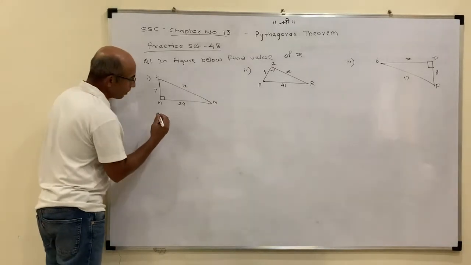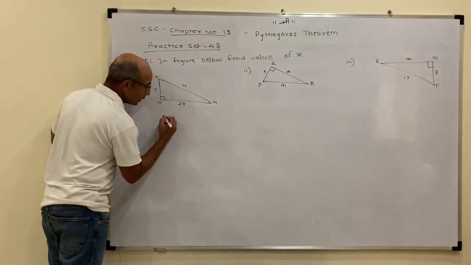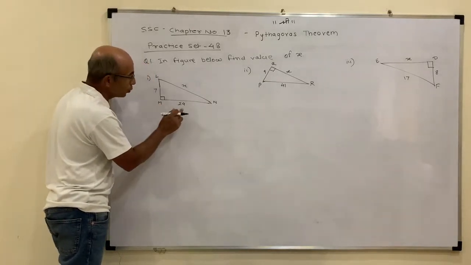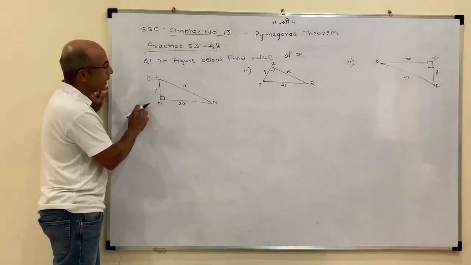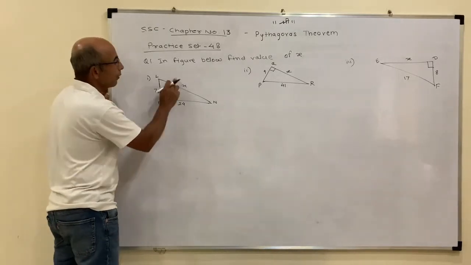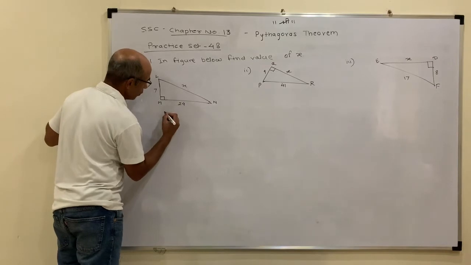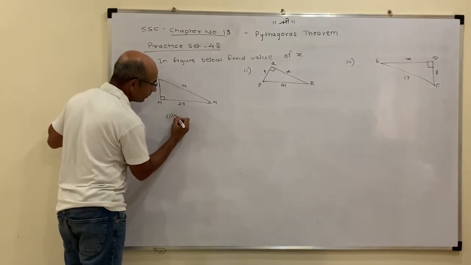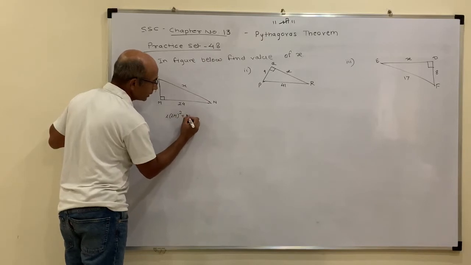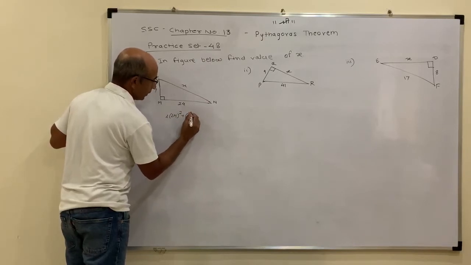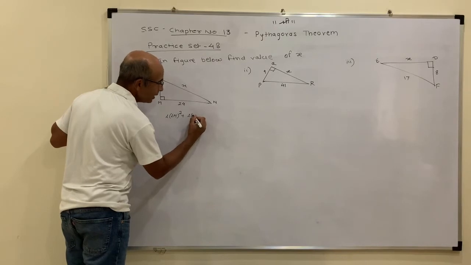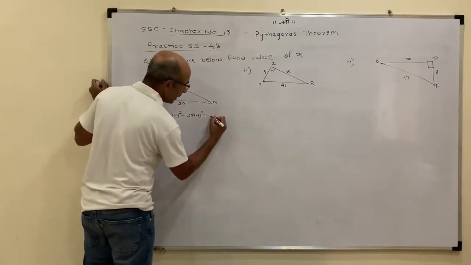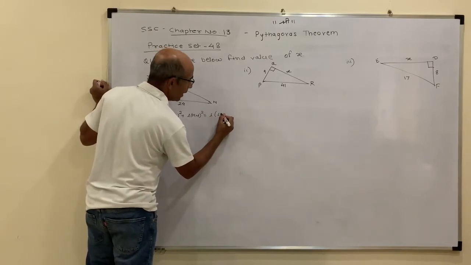So according to Pythagoras, the sum of square of two other sides is equal to square of the hypotenuse. So my formula, length LM square plus length MN square equals to length LN square.